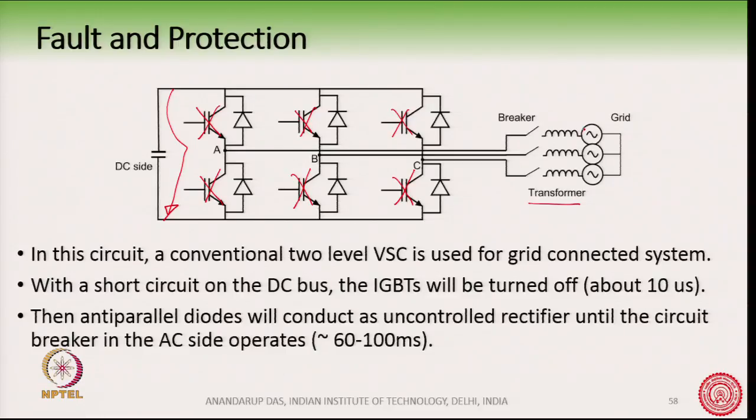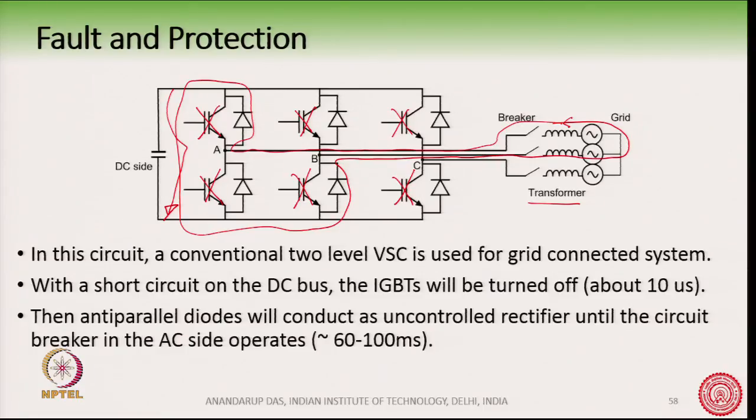For example, if you see the path from here, the current path will be like this. You can take any of these, it goes through this rectifier, goes through the short, and comes back through this, and this is how the current path is.